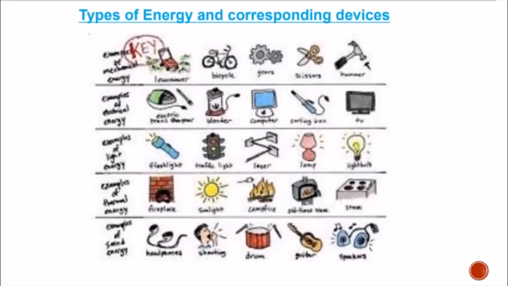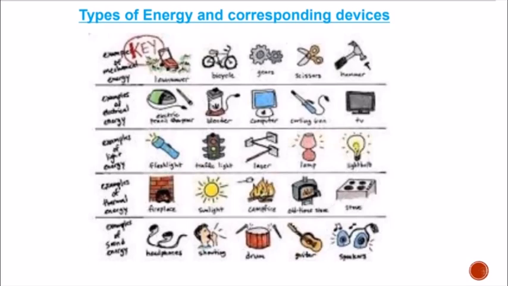So we use different types of energy, and with those different types of energy, we use different types of devices. For example, we use mechanical energy in a bicycle, in scissors. If we have to use electrical energy, we have it in computers and TV, which all work because of electrical energy. We have light energy. Then we also have thermal energy. We use a solar cooker, solar heater.